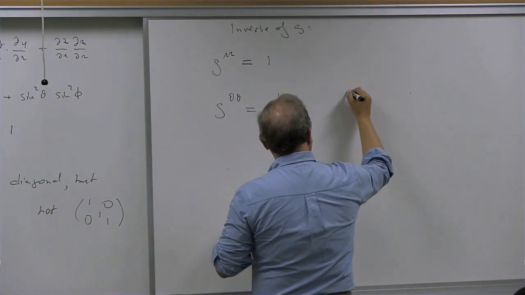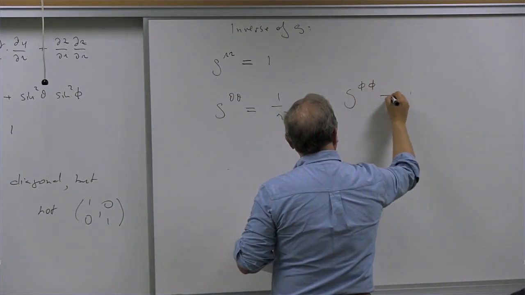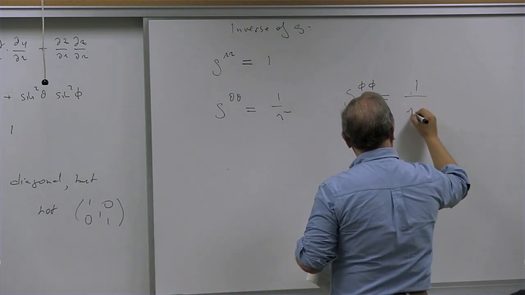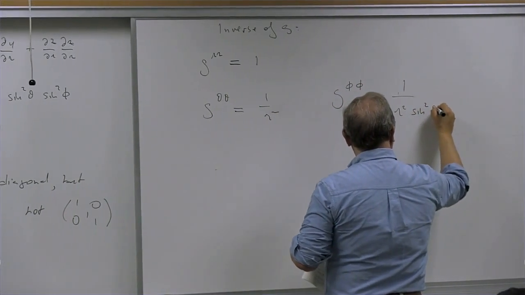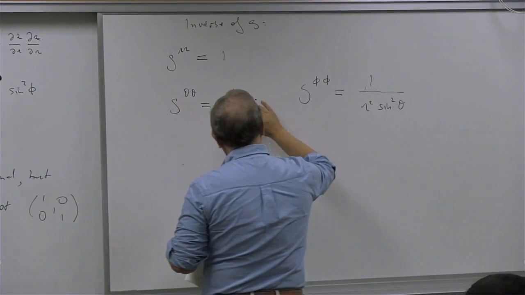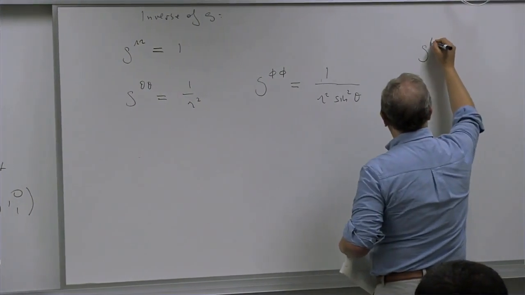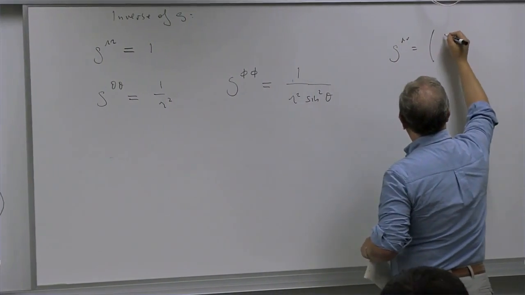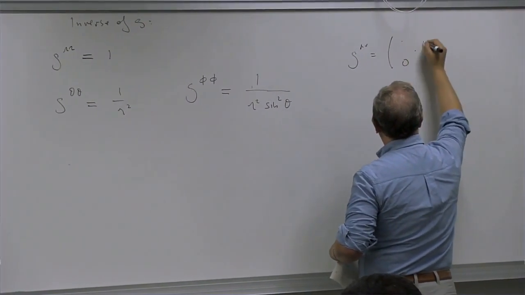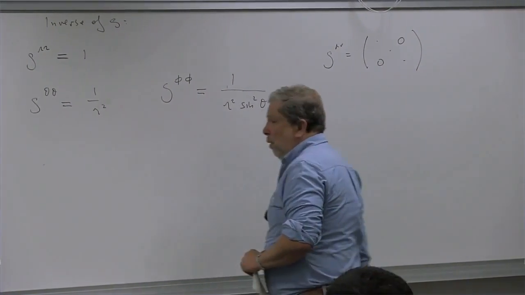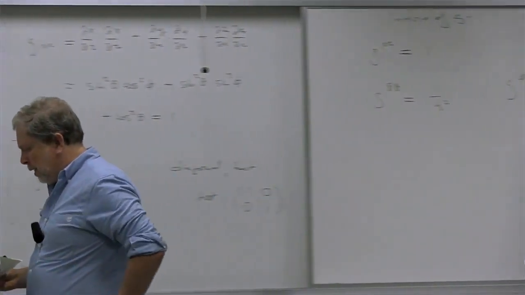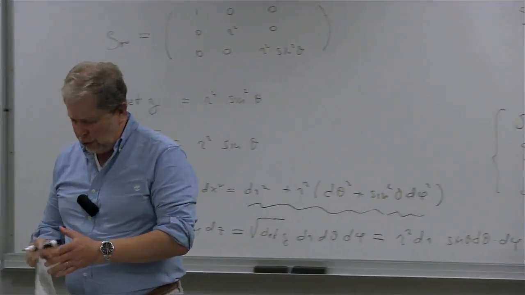And g^phi phi is equal to 1 over r squared sine squared theta. Right? And so that means that g^mu nu is, of course, equal to something along the diagonal, and everything else is 0. So the inverse exists, of course. We don't have any issues.